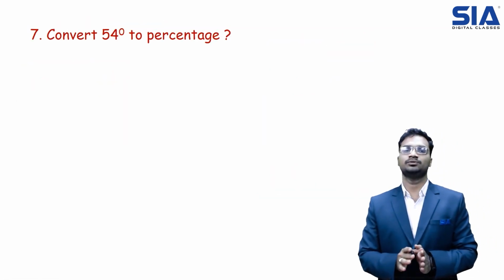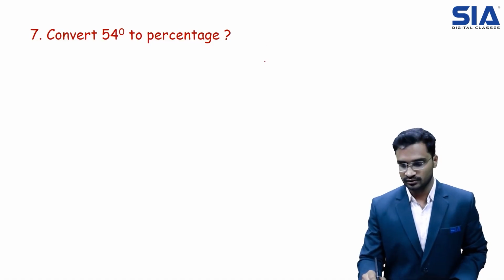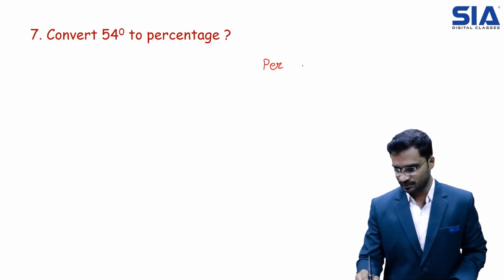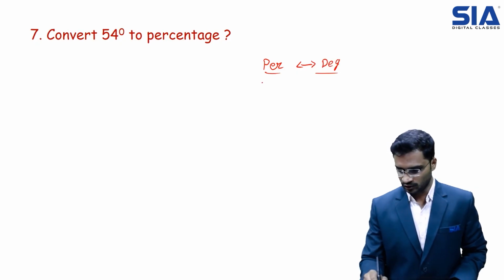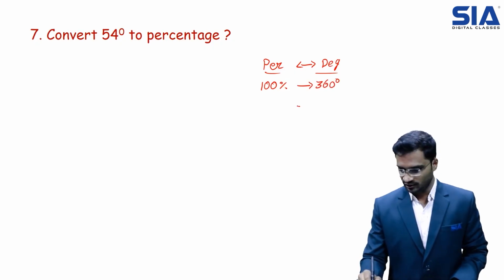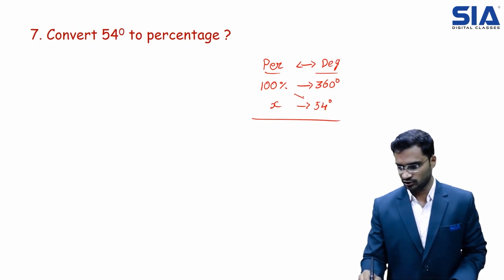Convert 54 degrees to percentages. We can solve it by using the basic method. So 100% is equal to 360 degrees. Then 54 degrees is what percentage? Now let us cross multiply.